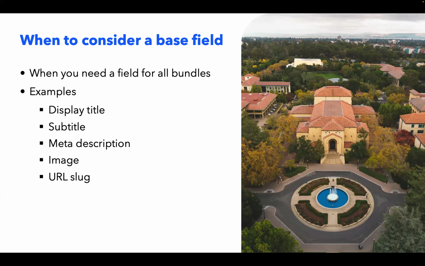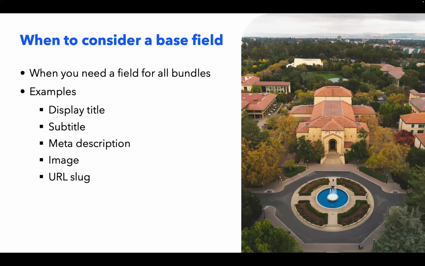Let's say somebody comes to you with a design for a page and they say, we want to allow the content editor to be able to highlight a particular word and make it a different color. Obviously, with the default title field in Drupal, you can't do that because it's just a string.